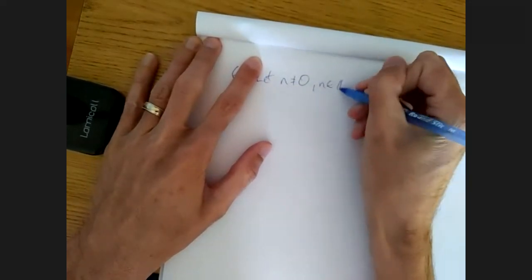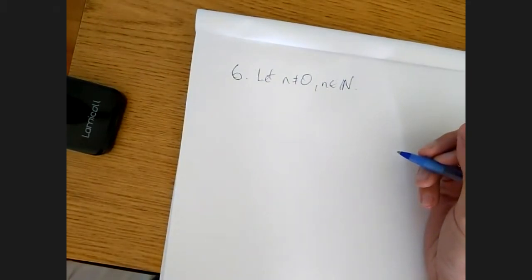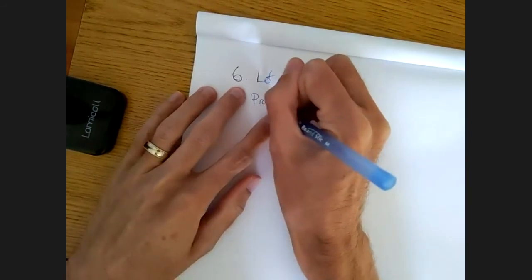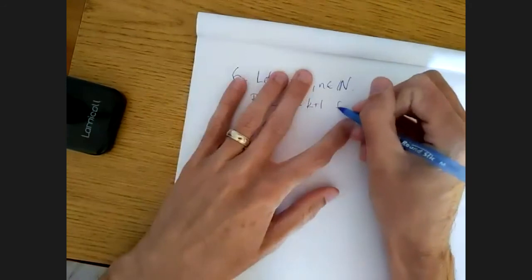Oh, sorry, and not any of the natural numbers, which I forgot to write in the question. Sorry about that. Prove n is equal to k plus 1 for some k.